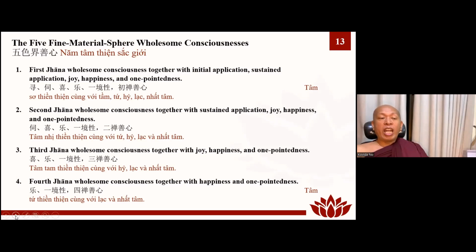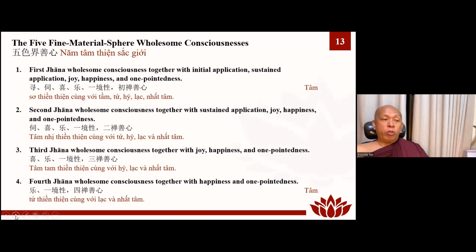We have different analyses. Okay, now the first jhana, wholesome consciousness, together with initial application, sustained application, joy, happiness, one-pointedness. We can say 5 jhana factors. Actually, we have already learned all these things in the samatha.